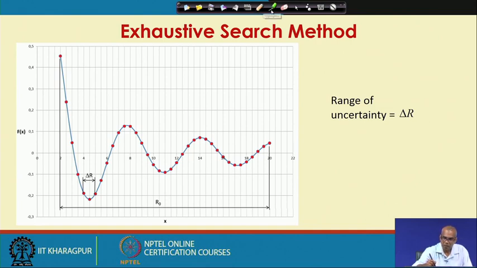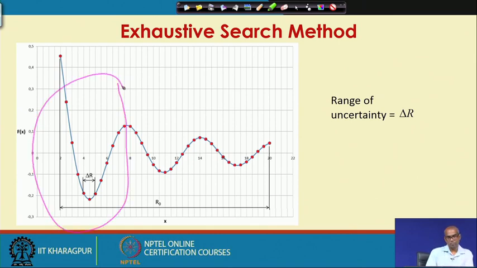For the time being, you can focus your attention only on this part. And you note how the region of uncertainty has been obtained.